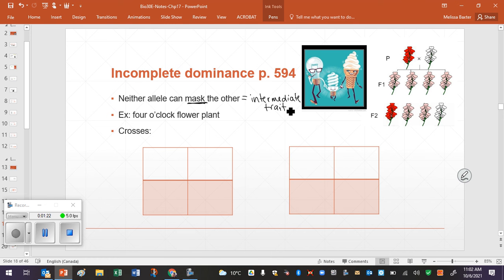So up until now, when we were looking at a gene, there were only two possible phenotypes, the dominant one or the recessive one. Now we're going to add a third phenotype in, the intermediate between the two alleles that we have. So you can see in my example that we're going to look at pink and red and white flowers.